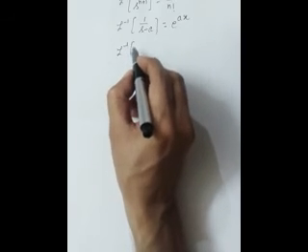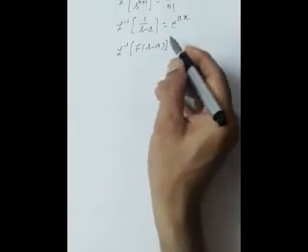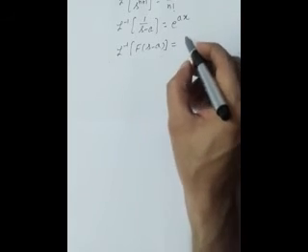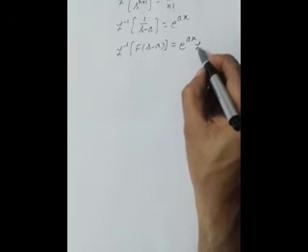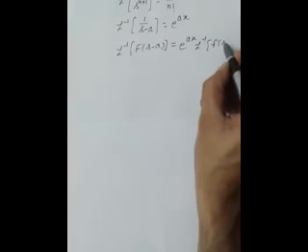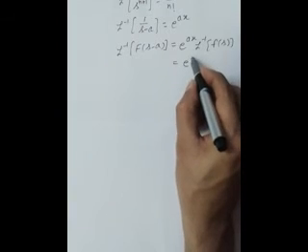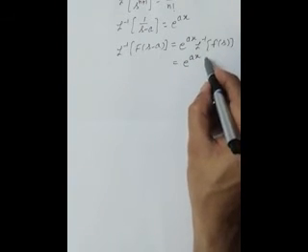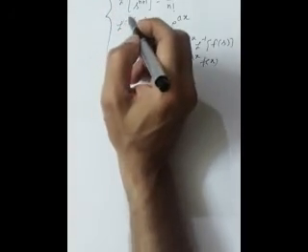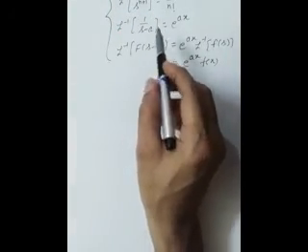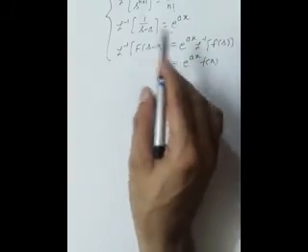The inverse Laplace transform of capital F s minus a is equal to exponential of ax into the inverse Laplace transform of capital Fs, which is equal to exponential of ax into fx. Now here we are using this formula.